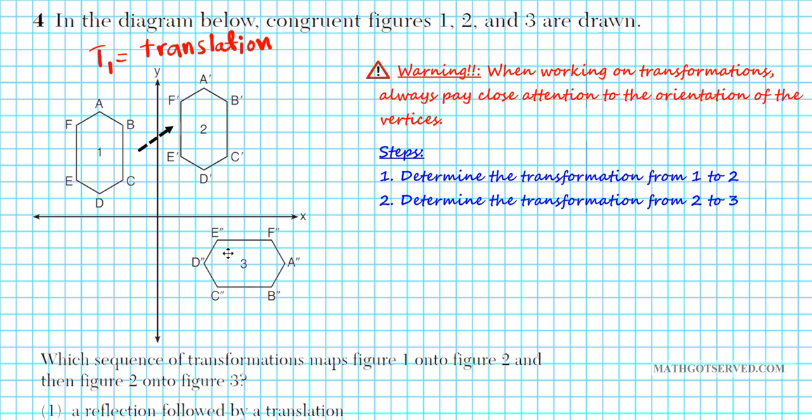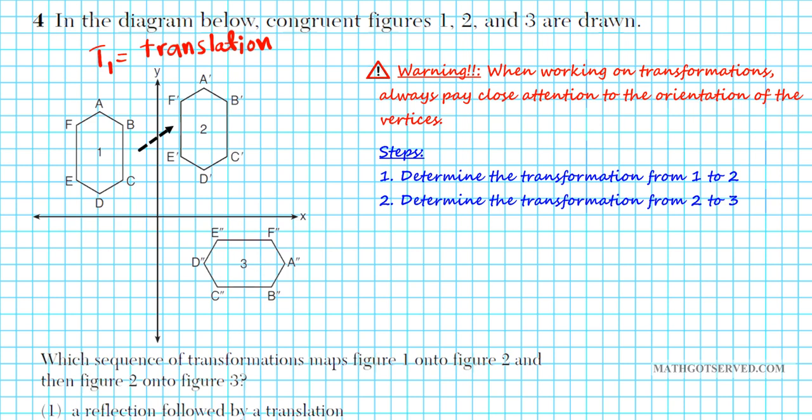The answer is no. If you notice, AD is oriented north-south in from 1 to 2. In translations, the orientation stays the same. But if you notice in figure 3, the orientation of AD, the north-south orientation, has been rotated to east-west.